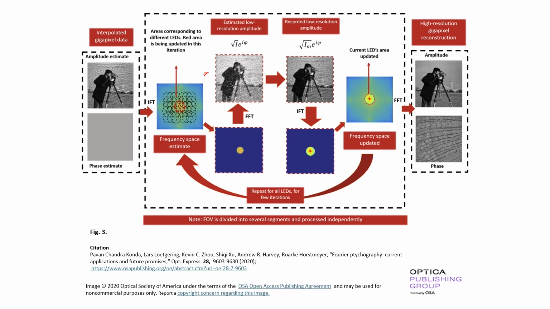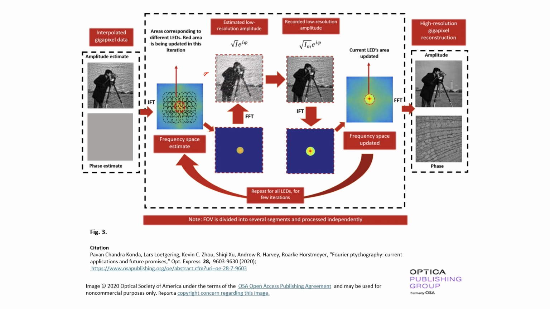Here we have a support constraint for each measurement because we know that it's limited to just a specific object region or a specific Fourier region, so we only update the amplitude in the region that we've measured, but we don't operate on the full image in any one of these steps. This is repeated for each of the sub-images in the array. So you may take several sub-images and cycle through them to recover the phase and amplitude of the field.